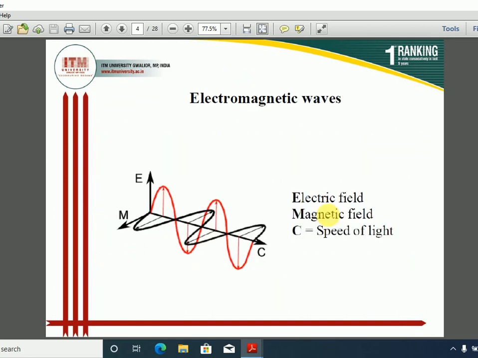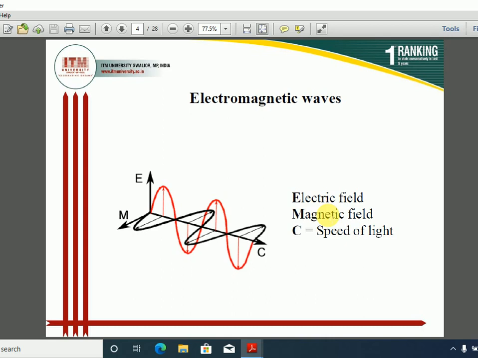Firstly, the thing which comes to our mind is what are the electromagnetic waves, means which type of waves are considered to be electromagnetic waves and why the waves are called electromagnetic waves. The sun is the main source of energy, and the light which comes from the sun is considered to be white light, and it is also called electromagnetic waves.